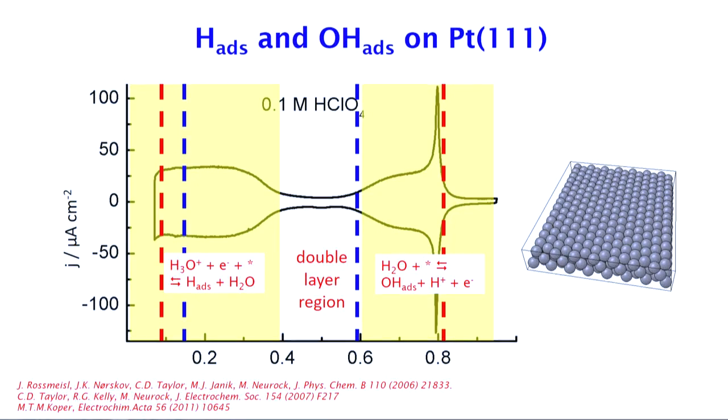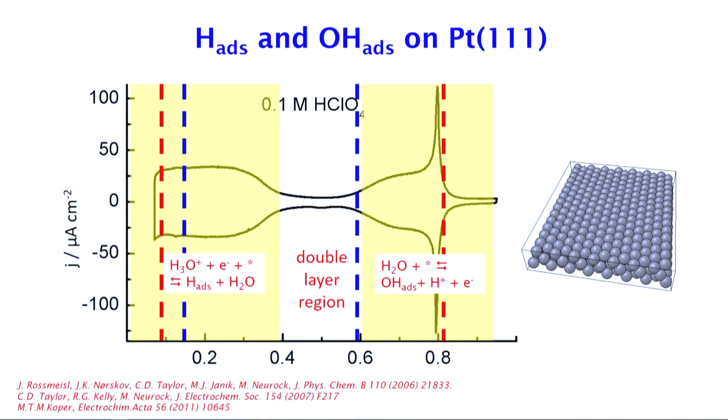Now you also see these dashed lines here, and these are potentials predicted by quantum chemical calculations, or density functional theory calculations, as to where you would expect a certain coverage of hydrogen and a certain coverage of OH. And again, this is not something I will go into the details. The point I want you to take home from this is that we can calculate relatively accurately the binding energy of hydrogen and OH.